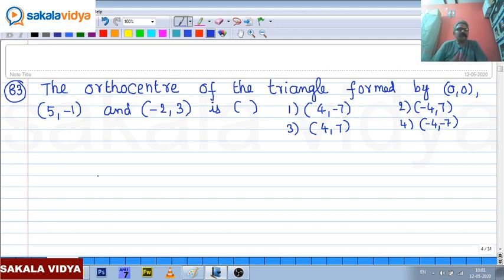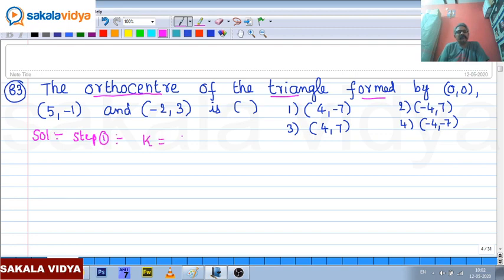So let us find out now. The orthocenter of the triangle formed by 0, 0, 5, -1, -2, 3. Already one of the vertices is 0, 0. So first, step 1. What is step 1? I will explain. You need to find the K value.